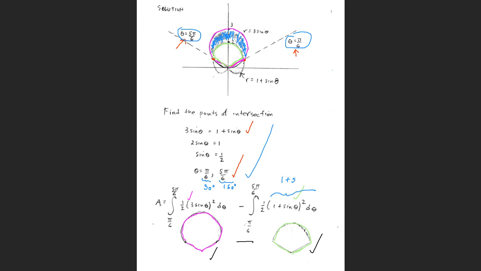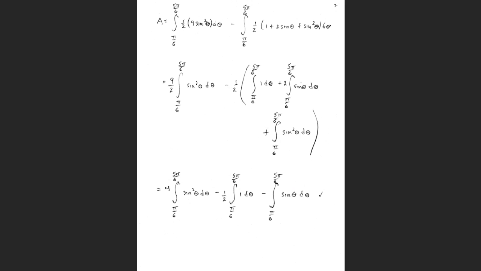The quantity 1 plus sine theta squared is 1 plus sine of theta times 1 plus sine of theta, so we have to FOIL that out. And when we do so, we're going to get what you see up here.